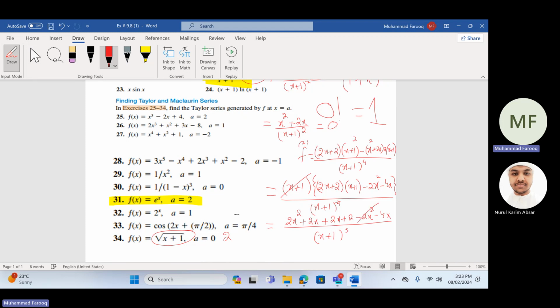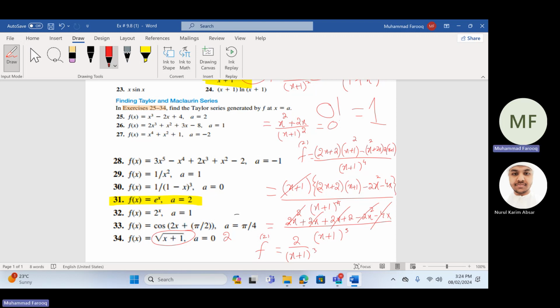Okay, that's why I was telling you, it's not complicated when you make simplification. Now the second derivative is basically 2 divided by x plus 1 to the power 3. We got here the second derivative.